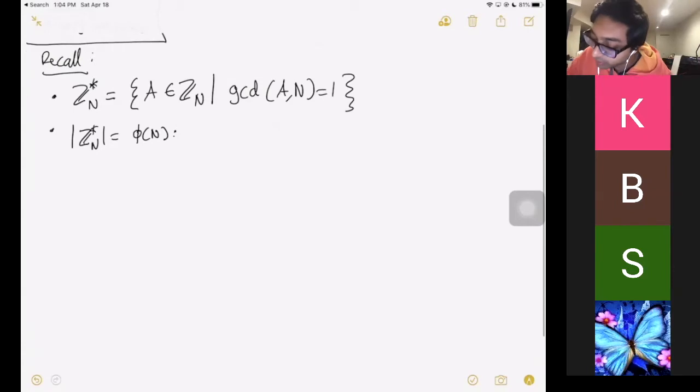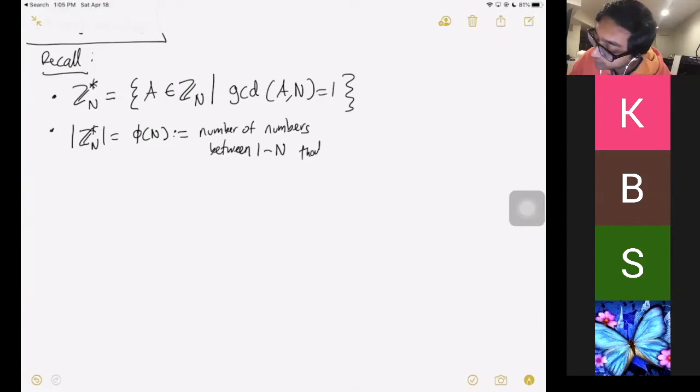It's defined to be the number of numbers between 1 and n that are relatively prime, coprime, to n. So the order of the multiplicative group Z star n is phi of n exactly.